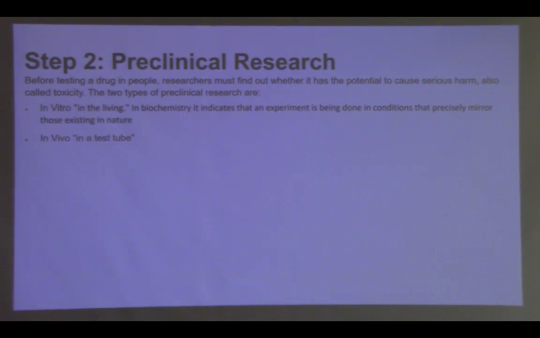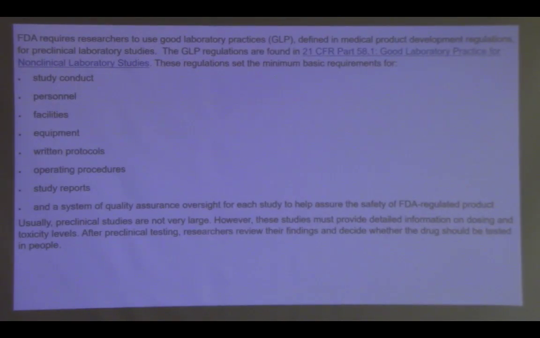So they'll get through preclinical, and preclinical can also be some animal testing. The FDA requires researchers to use good laboratory practices, good clinical practice, et cetera. That kind of leads us into how the patient is protected.